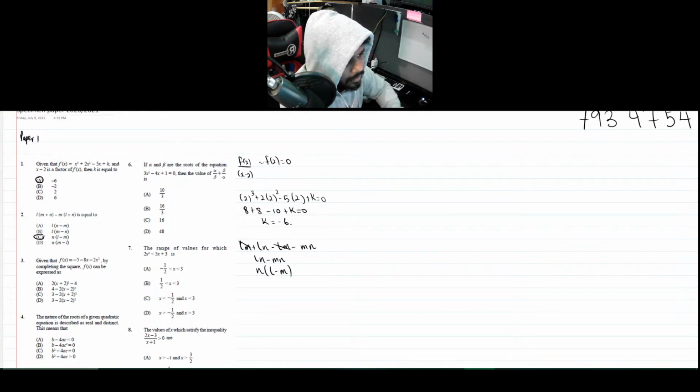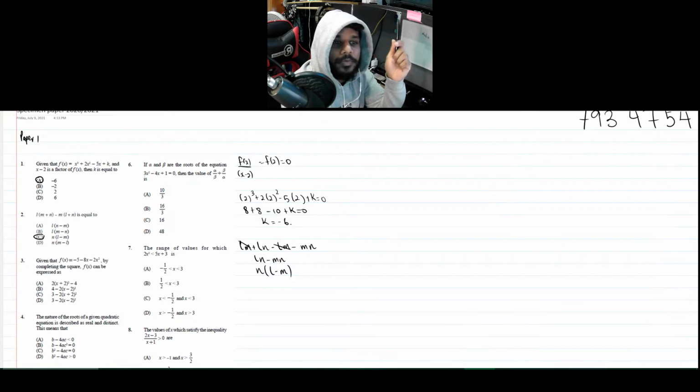Given that by completing the square, f of x can be expressed as, alright, so this is how I'm going to show a little cheat. Everybody here is supposed to be good at expanding brackets because he's an Add Maths student now. So one of A, B, C, or D is equal to 5 minus 8x minus 2x squared.